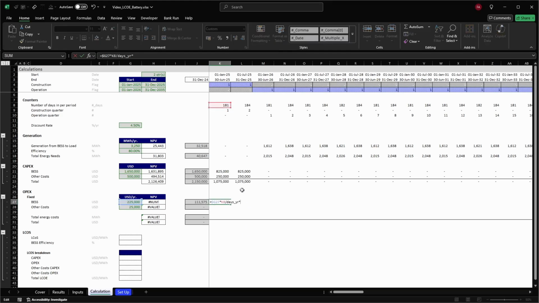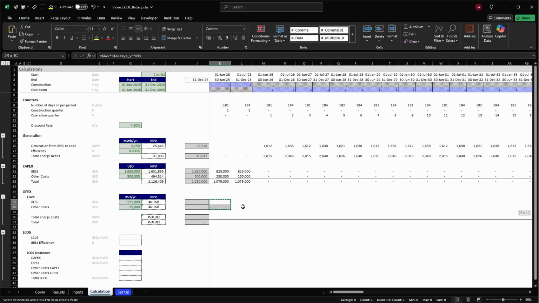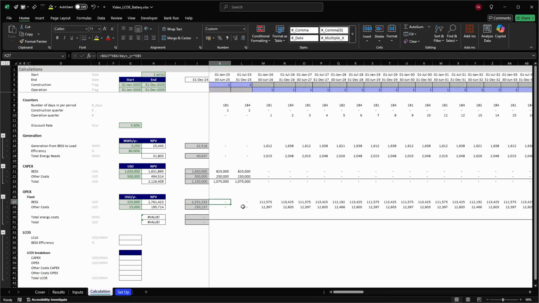I also have to multiply by the operations flag, and I'm going to press F4 twice to properly anchor the number. Okay, I'm going to Control D to copy it from above, and that's wrong because I also need to properly anchor this one. I'm going to press F4 twice, Control D, and I think now everything is correct, so I can copy and paste everything across. And here we go, right?